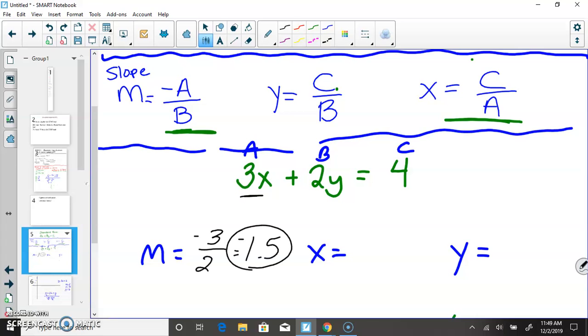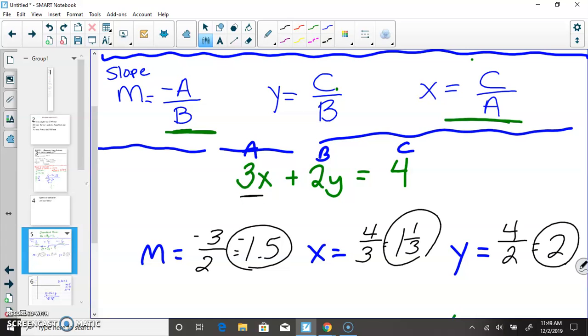X, we do C divided by A. So 4 divided by 3. What is 4 divided by 3? So it'd be like what, 1 1/3? Yeah. And Y, we do C divided by B, which is 2. So it would cross the y-axis at 2, it would cross the x-axis at about 1 1/3, and the slope would be negative 1.5.